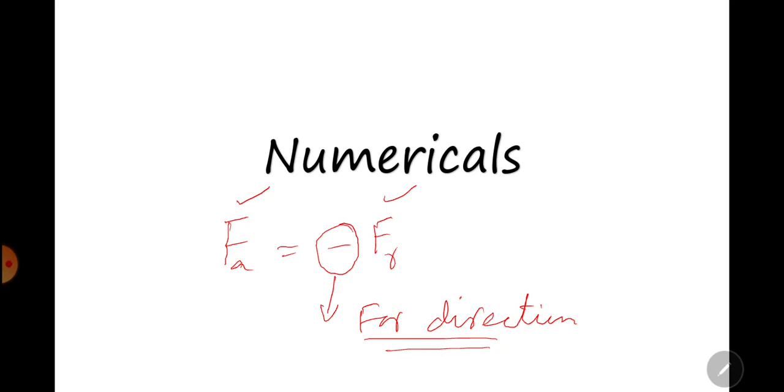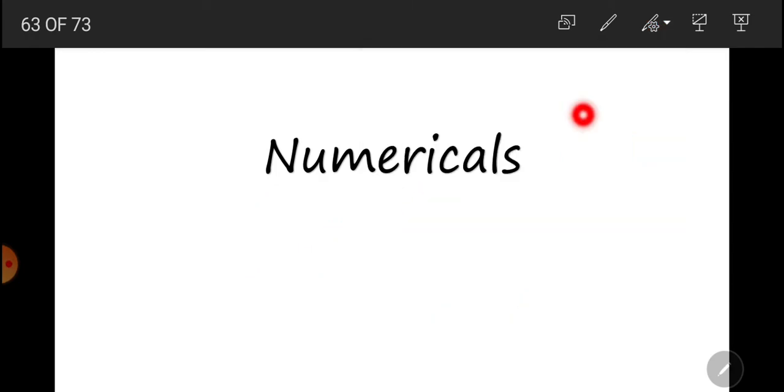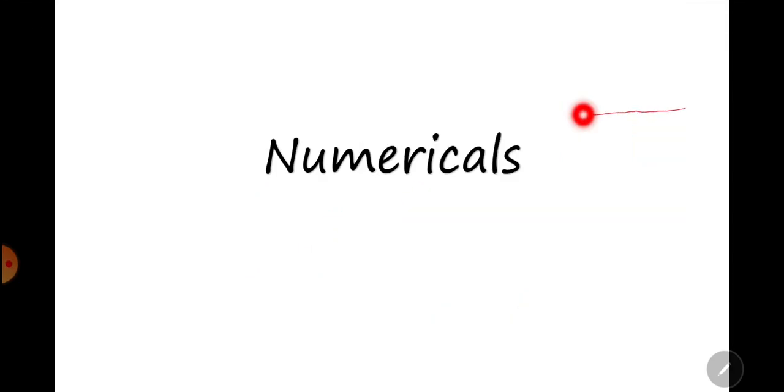Now the next topic is force and momentum. Relation between force and momentum. If we have a body with initial velocity vi and mass m, it travels for a time t.